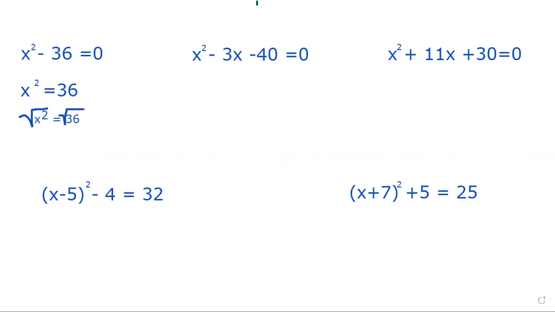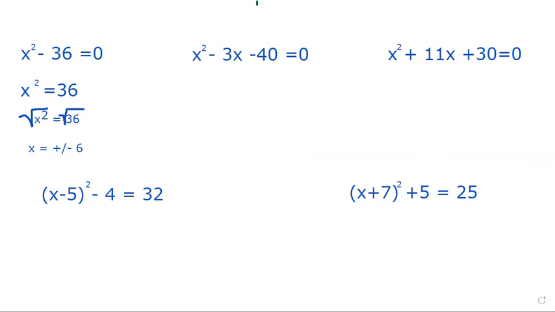You simply take the square root of both sides. The square root of x squared gives us x, and the square root of 36 gives us plus and minus 6. Remember, you need two terms. You can't just have 6, and you can't just have negative 6. It's going to be plus or minus 6.